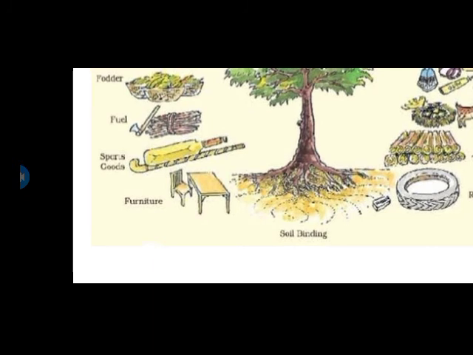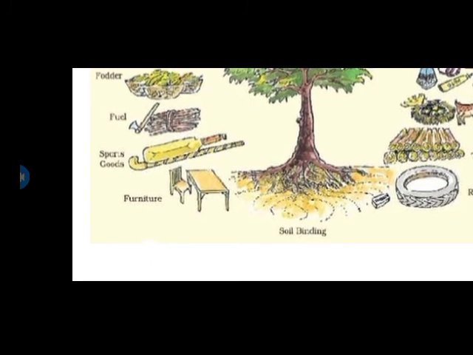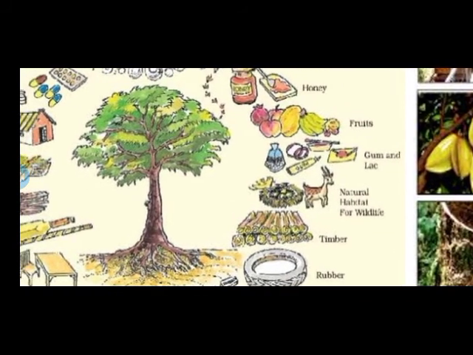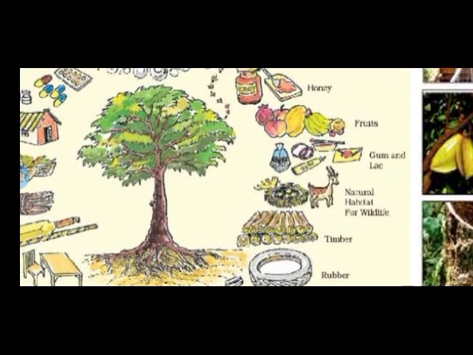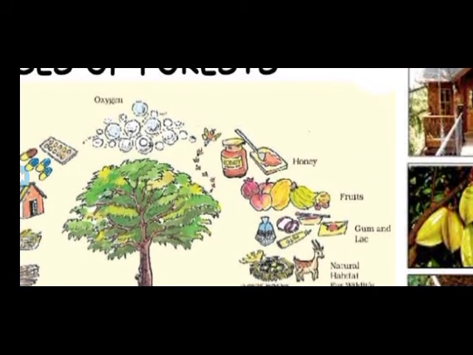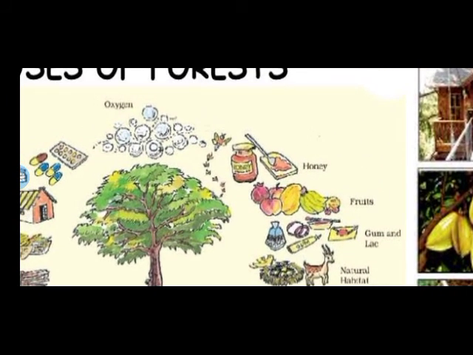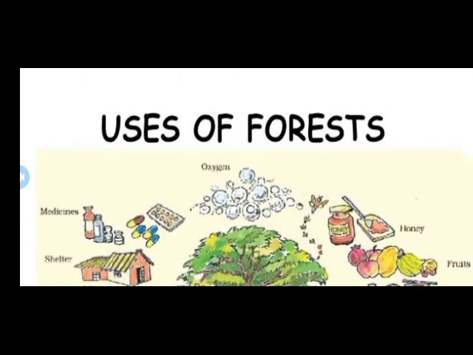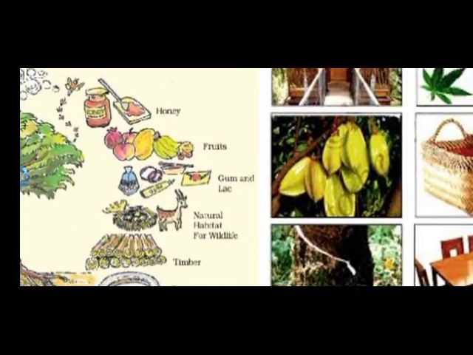Medicines, fuel, then goods, furniture, then what all, gum, that is glue, timber, rubber, honey you get. The honey is the extract the bees collect, we take it from them, but the honey collected by the bees is from the plants itself, isn't it? And we get oxygen from the plants.